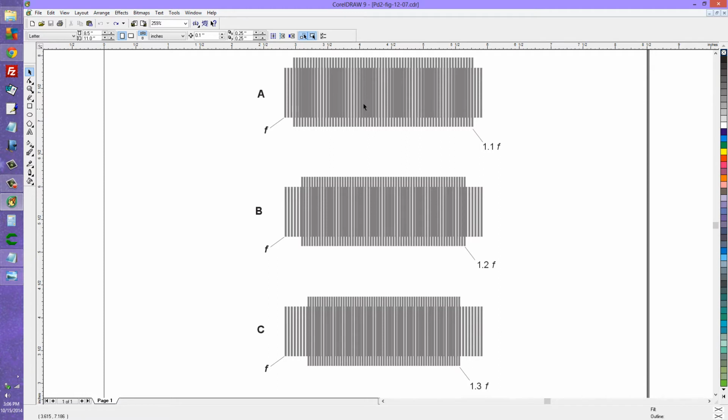Notice the beat frequency signal, which has a frequency equal to the difference between these, which would be 1/10 of F, shows up quite clearly in this drawing just because of the nature of the way I've drawn these lines. You can see that this compression wave here, the beat frequency, appears quite clearly.